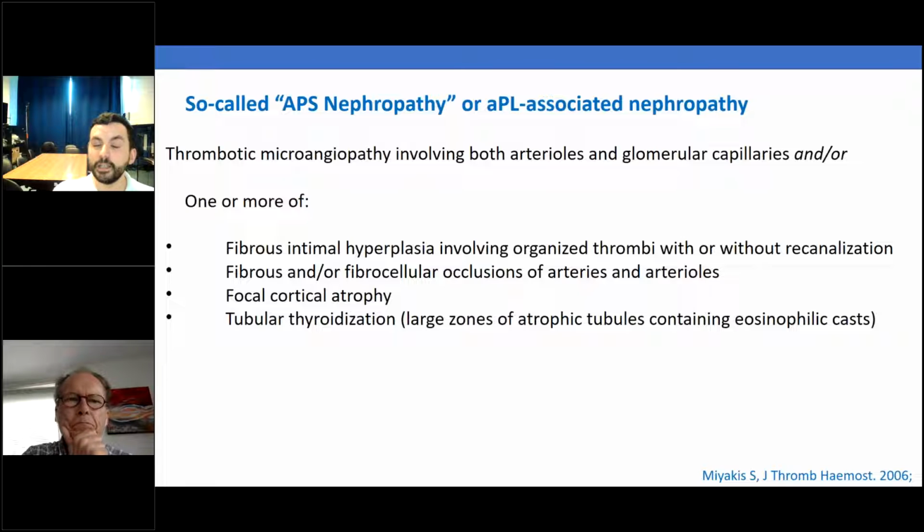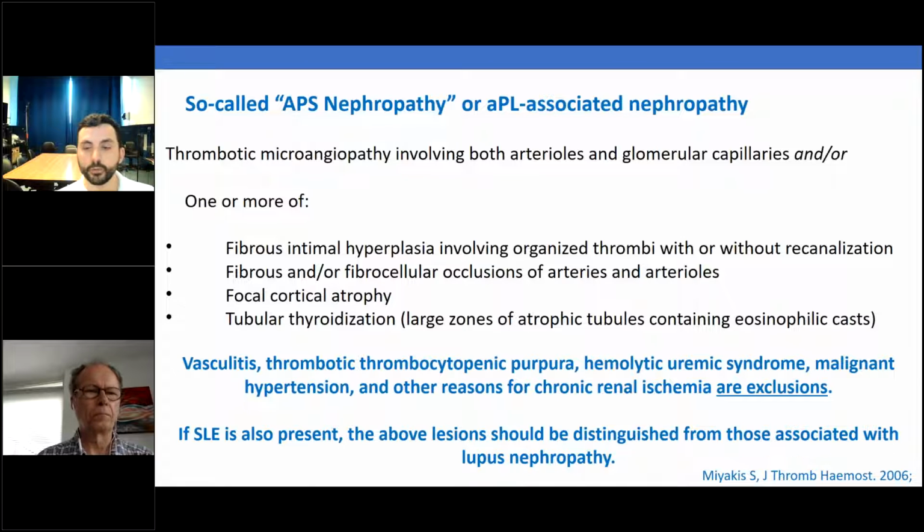However, the use of a very broad generalization, as often occurs in the context of classification criteria, has led over the years to possible misinterpretation of these criteria. So don't be surprised when going through the literature on this topic that there is still a huge amount of heterogeneity when referring to this definition, APS nephropathy and APL-associated nephropathy. So in case of doubt, go back to the original publication and look at the inclusion criteria of that specific study and what the authors were referring to.